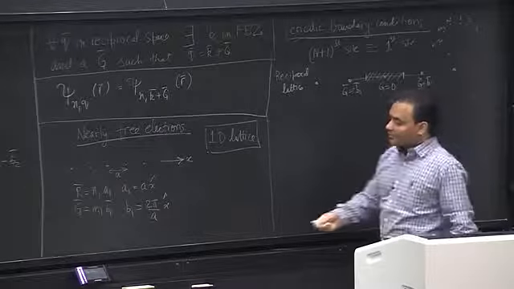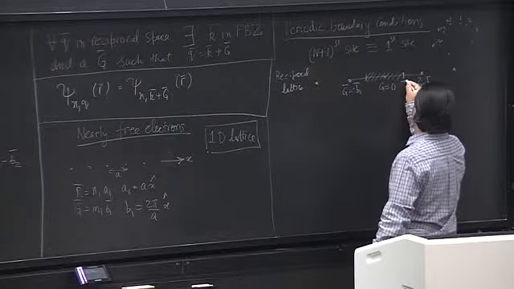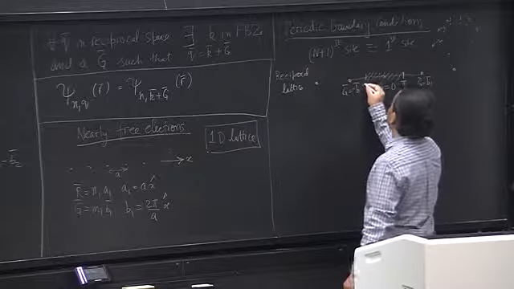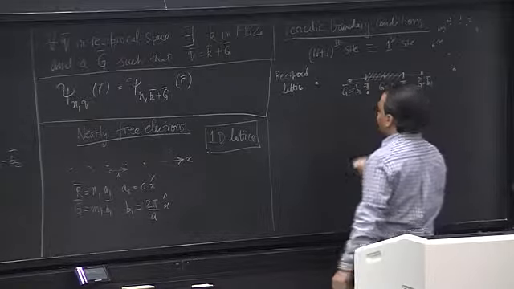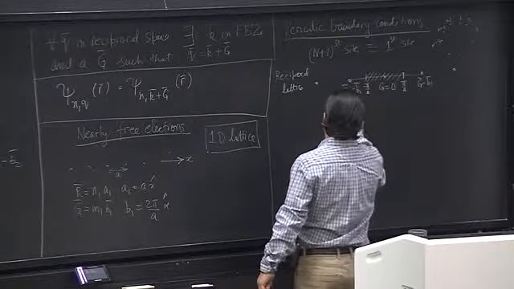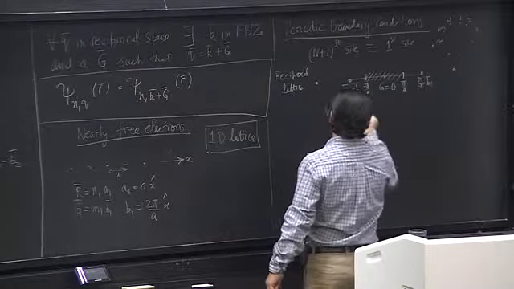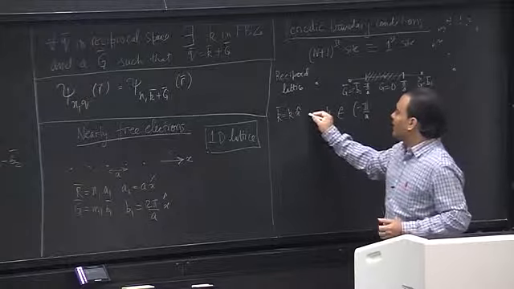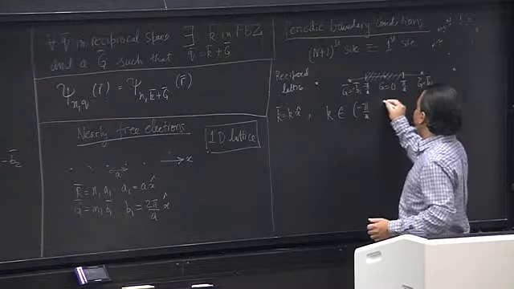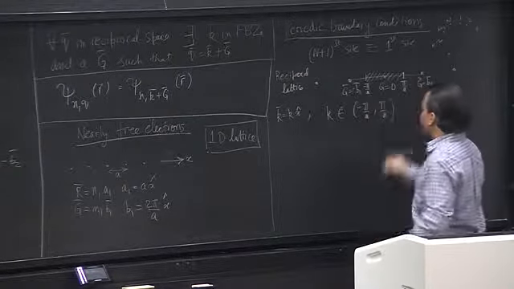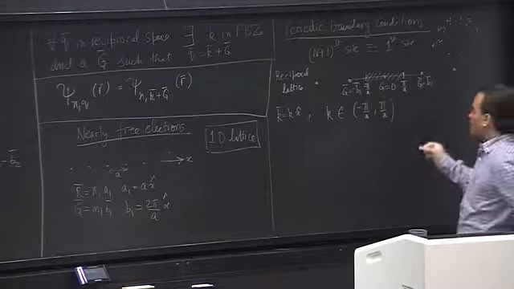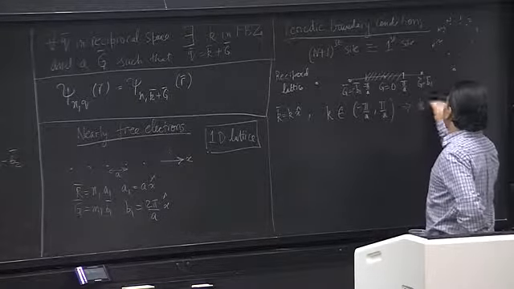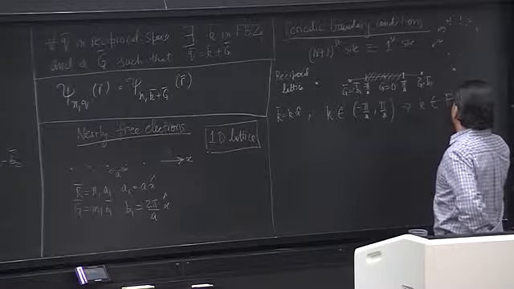So B1 is 2 pi over A. So this is simply pi over A to minus pi over A. So if this Bloch vector k, which is along the x-axis since it's a one-dimensional system, is between minus pi over A and pi over A, then this k belongs to the first Brillouin zone.